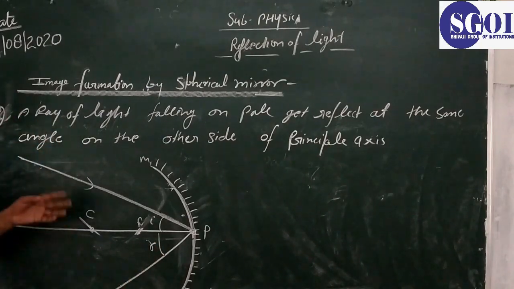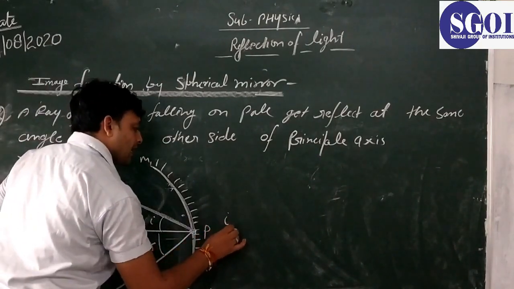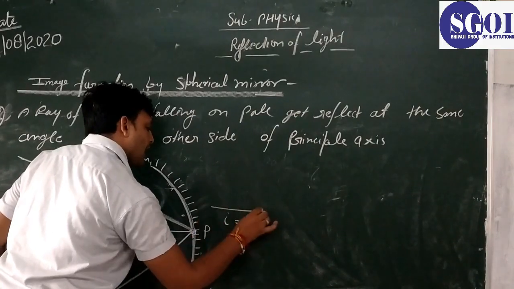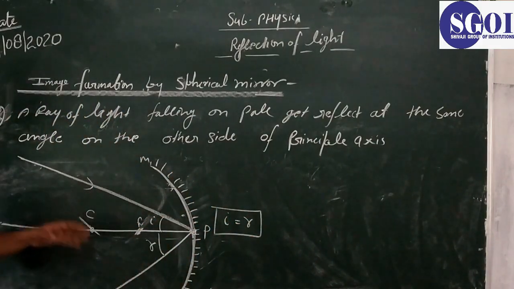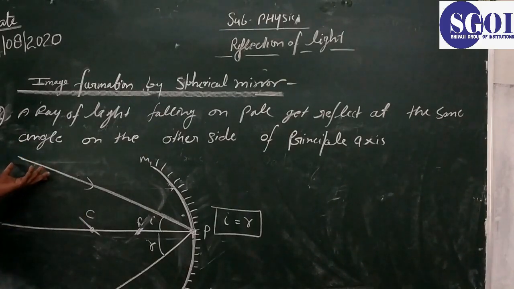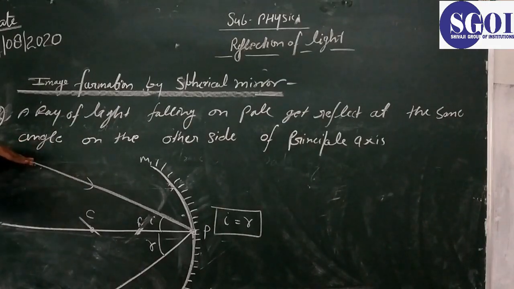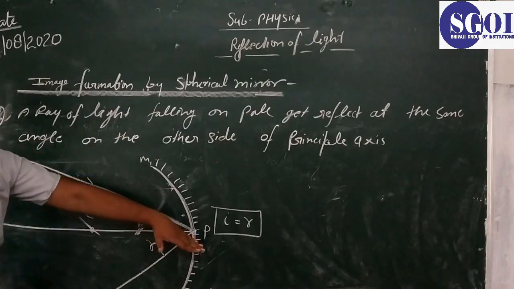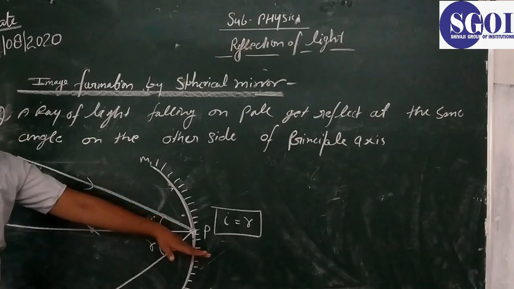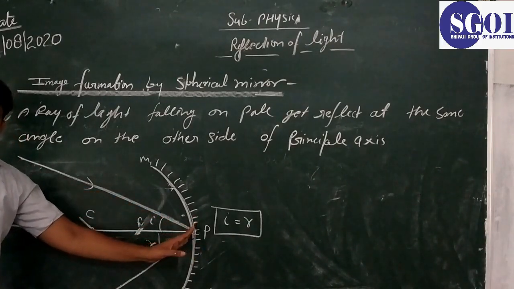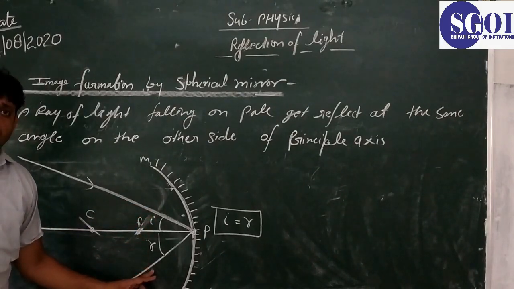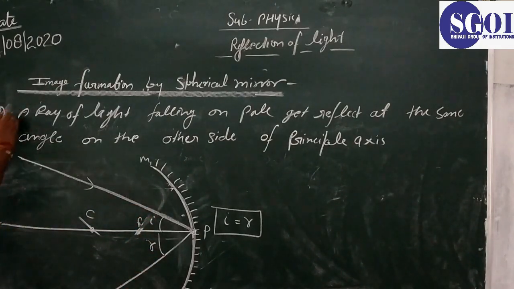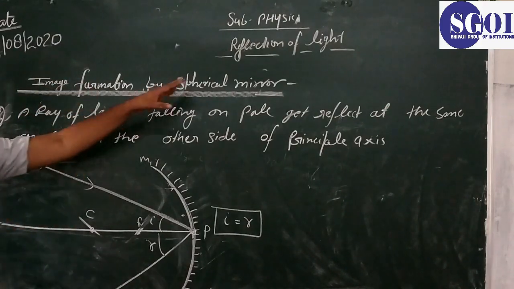In this condition, the reflection angle is equal to the incident angle. Always remember this. Understood? When a light ray falls on point P, after incidence it is reflected to the other side, but the incident angle is equal to the reflection angle. This is called the third tip for image formation by spherical mirrors.